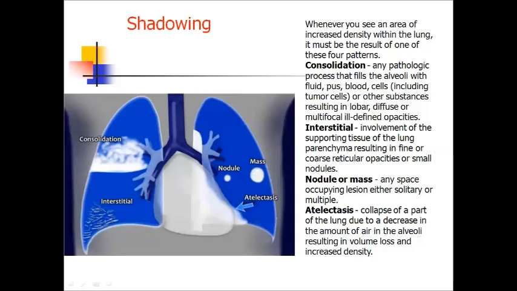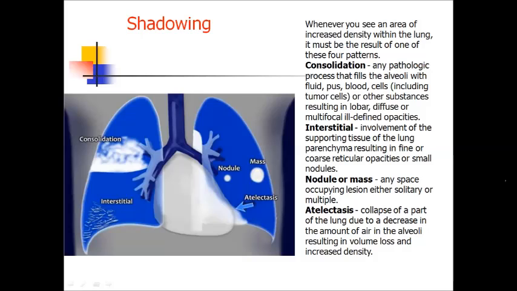Shadowing. Whenever you see an area of increased density within the lung, it must be the result of one of four processes. First, consolidation: any pathologic process that fills the alveoli with fluid, pus, blood, cells, including tumor cells, or other substances, resulting in lobar, diffuse, or multifocal ill-defined opacities.